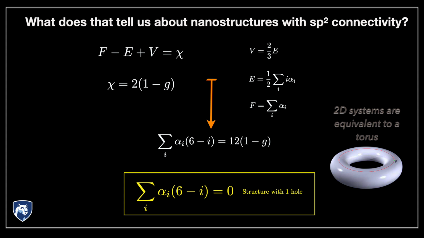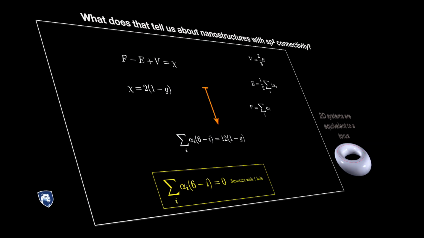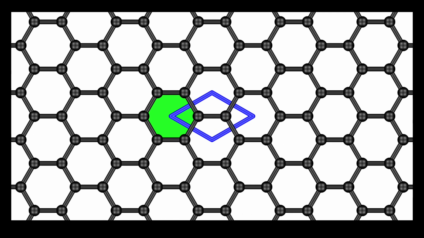So let's have a look at a few of the structures I showed you before. I'm just going to show you about a dozen of them, not going to go back to the 45, but that's not necessary. So let's go back with this in mind, that the average size of the ring is 6. Well, if we look at graphene, of course, we have only one hexagon per unit cell, so of course the average is 6.